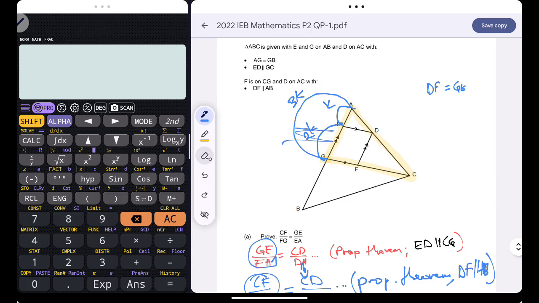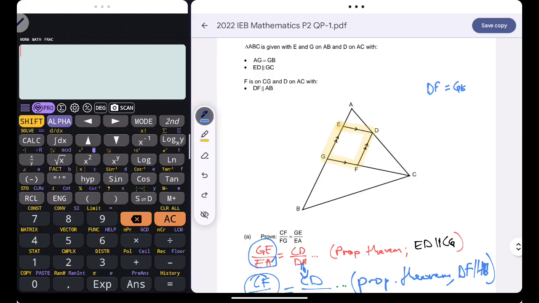Let me erase here. I can simply say that this over here is a parallelogram. Why? Opposite sides are parallel, and since they are parallel, it simply means that the opposite sides are parallel and equal.